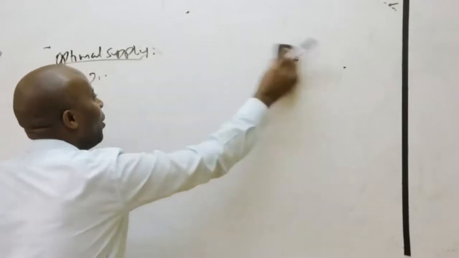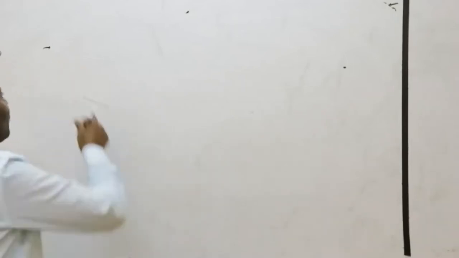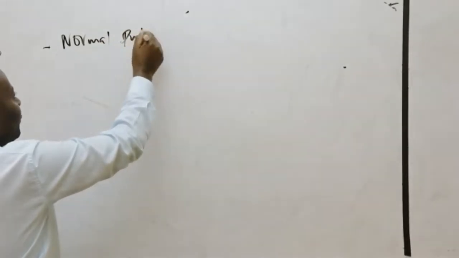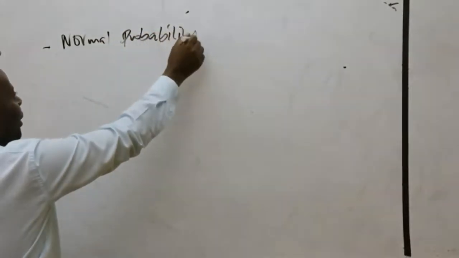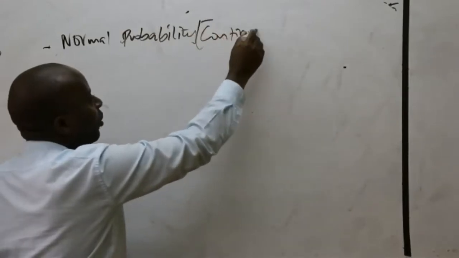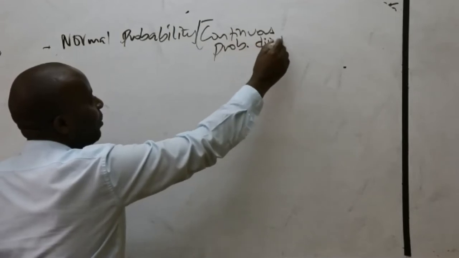So mention there normal probability distribution. Don't forget that this normal probability distribution is the one that is normally called the continuous probability distribution.